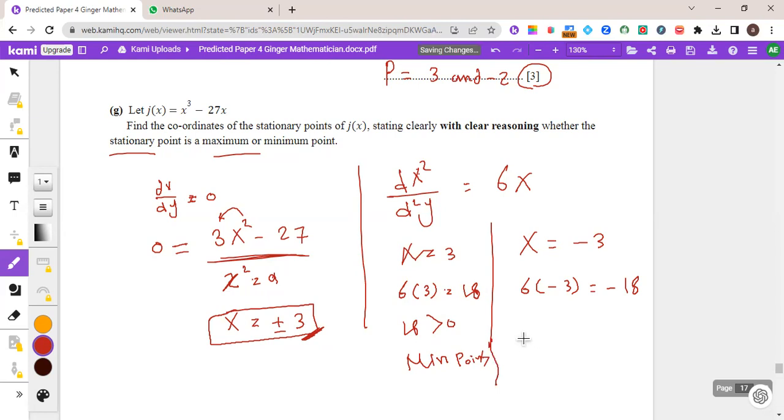And here negative 18 is less than 0, so it will be a maximum. We do the opposite: if it's greater than 0, minimum, and if it's less than 0, maximum.